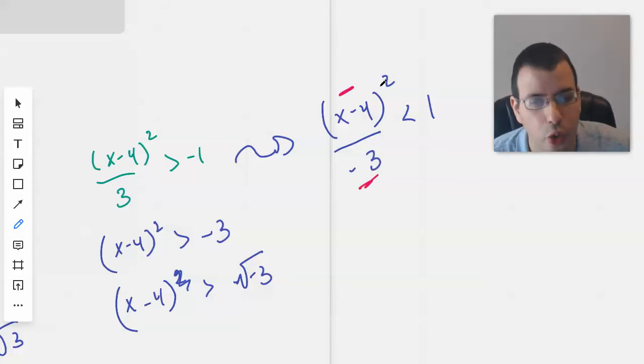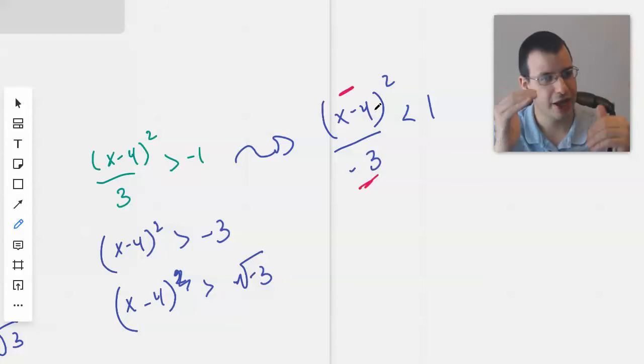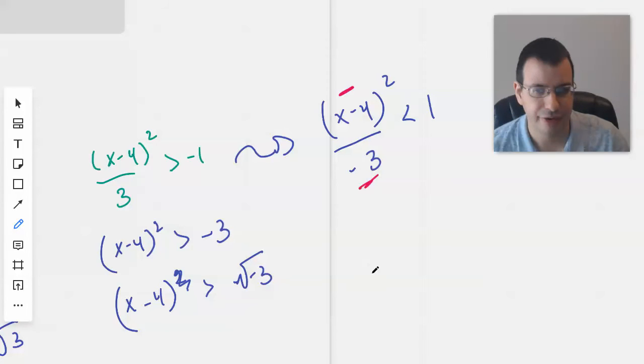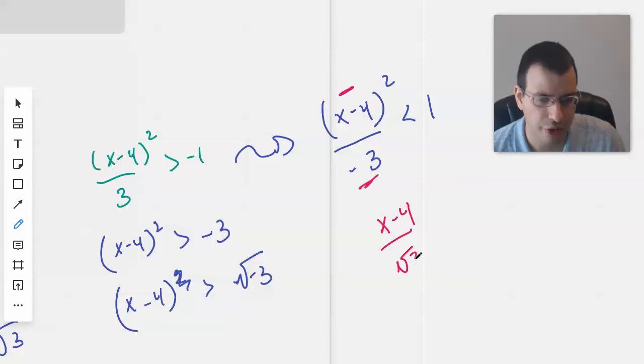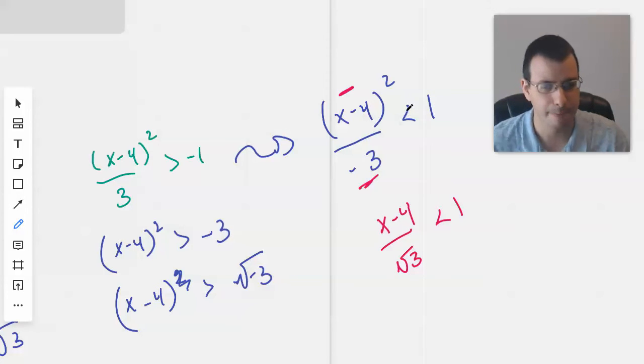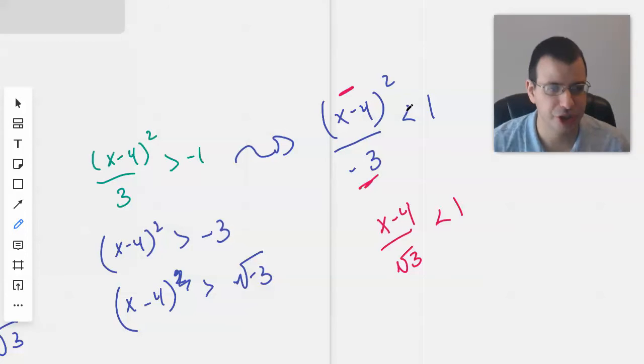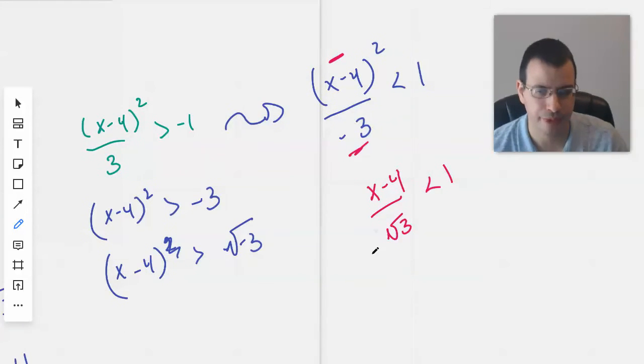When you have a negative divided by a negative, you get a positive. And so then we would get something like (x minus 4) over the square root of 3 is less than 1. And I had to switch the inequality sign because when you divide by a negative, you have to flip it.